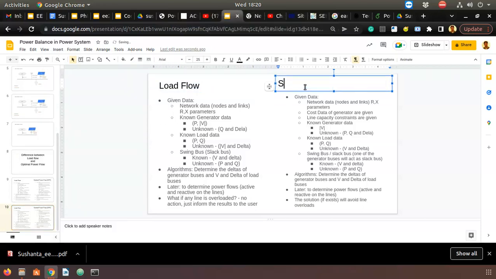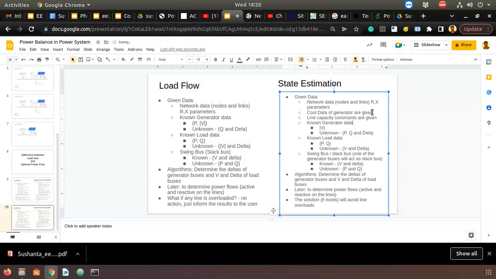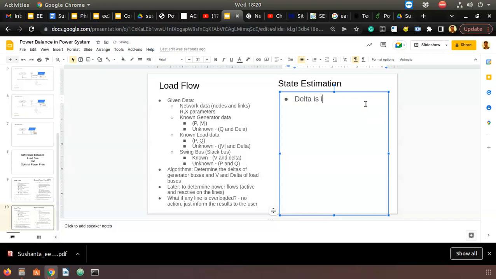In which state we are operating, sir, that the delta is very critical. Delta between two buses is very much important, sir. If the angle must be very small and the delta is increasing, we can tell in what state we are operating the entire system, whether it is emergency state, alert state, normal or secure state.